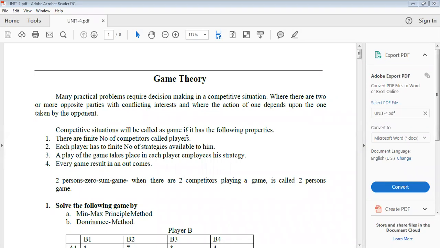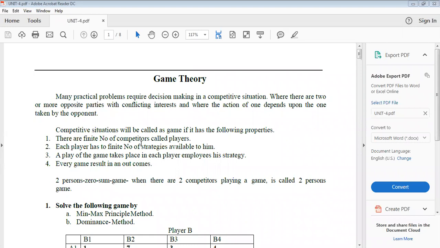So generally, a game exists between a minimum of two persons and a maximum of so many people. The competitive situations will be called a game, which has the following properties.